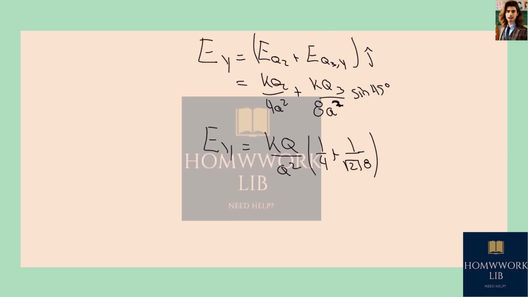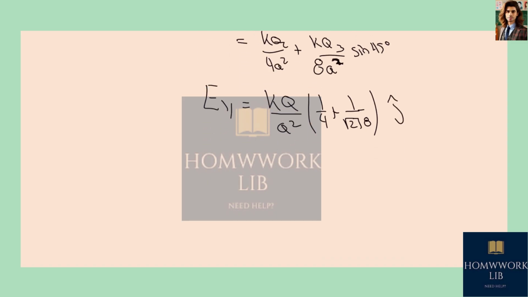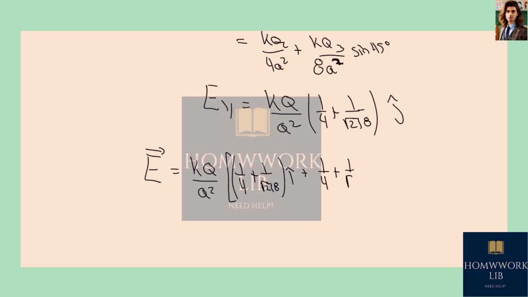On the j axis. So we can express the electric field as kQ divided by a squared, that is going to multiply 1/4 plus 1 over the square root of 2 times 8 on i, plus the same value on j.